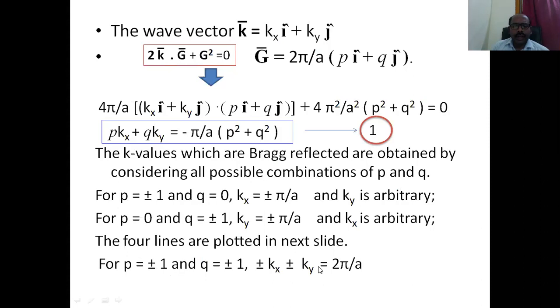By substituting these conditions in equation 1, we get plus or minus kx plus or minus ky equal to 2 pi by a. All signs are independent. Therefore, considering the signs independently, at one time we get kx plus ky equal to 2 pi by a, and another time kx minus ky equal to 2 pi by a. Just like that we get four lines.